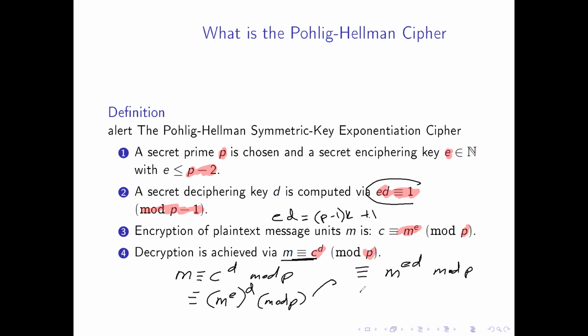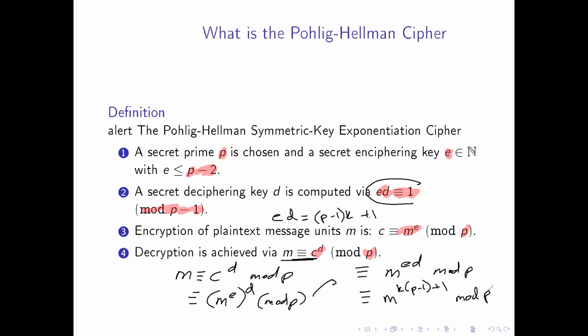So this is equal to M to the K times p minus 1, plus 1, mod P. Okay, so how does this work?